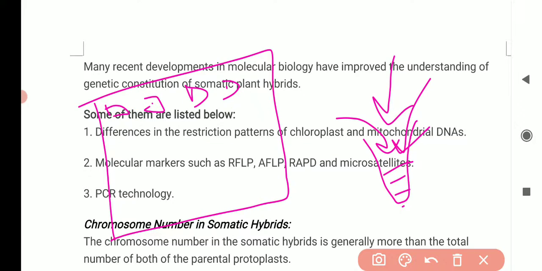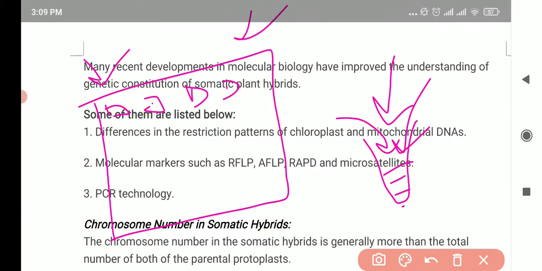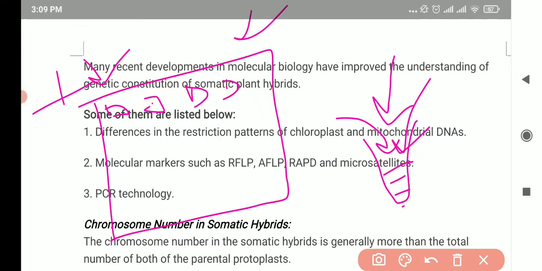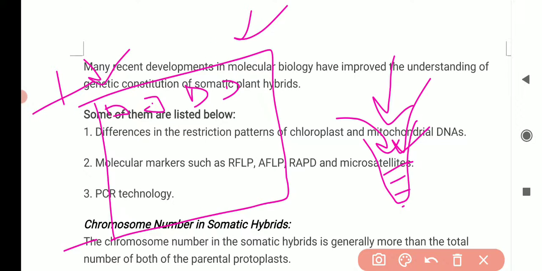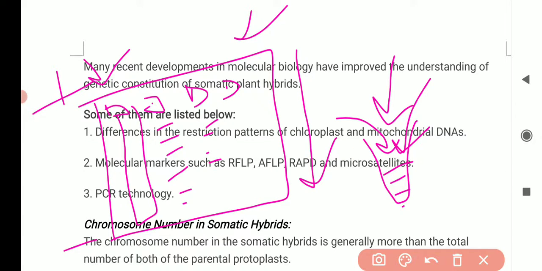Then you run it in the electrophoresis, with an electrode, and the DNA fragments will travel. As the gel gets thicker down, the heavier ones get stuck, the lighter ones can travel really far. So this is how you can differentiate between the genes.